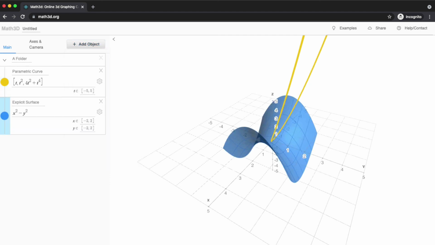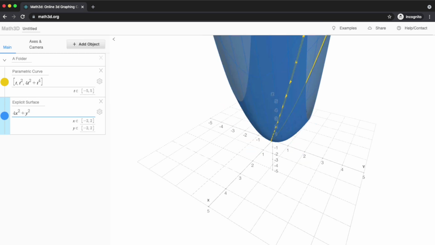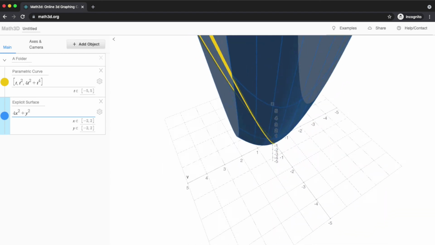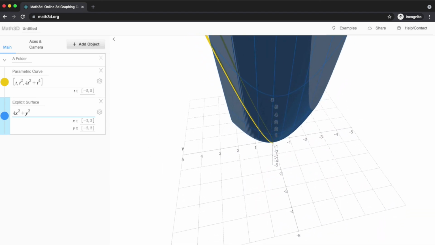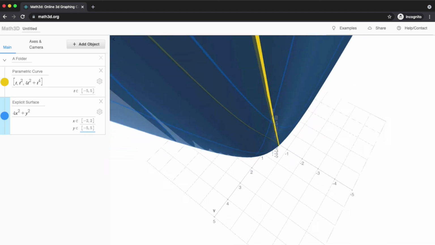So when I type explicit surface, it gives me an example here. I can go ahead and change that. We want it to be 4x squared plus y squared. So there is that first surface. We can see it stops at y equals 2 and -2. We can bump those up a little bit. I'll go out to -5 and 5.